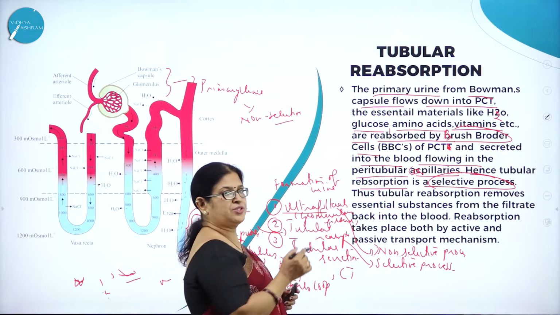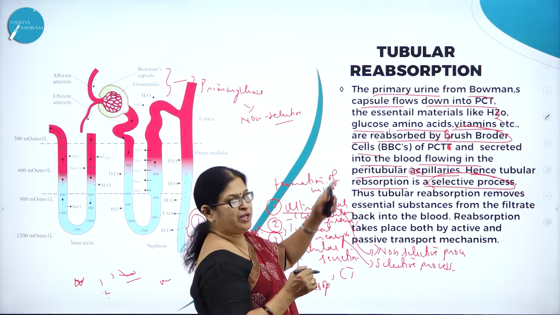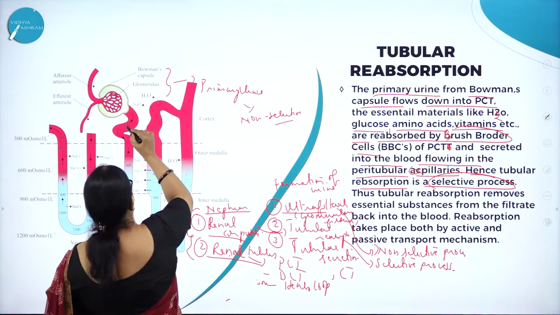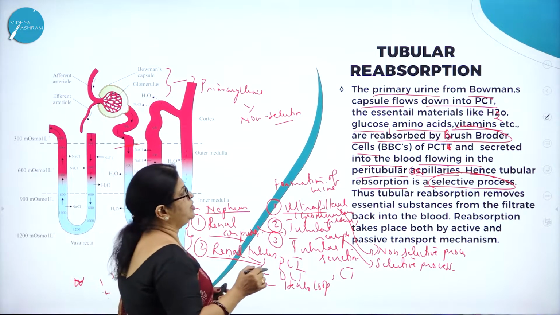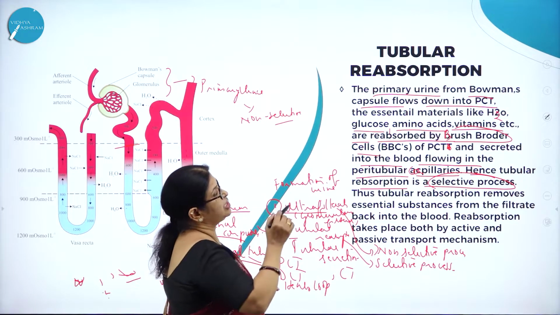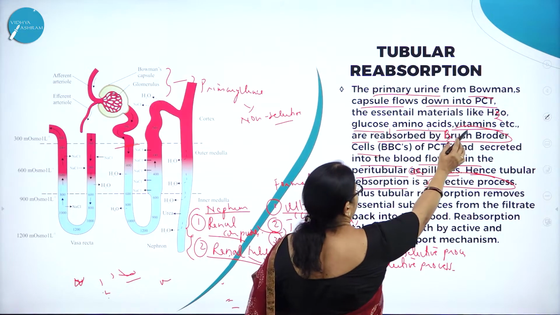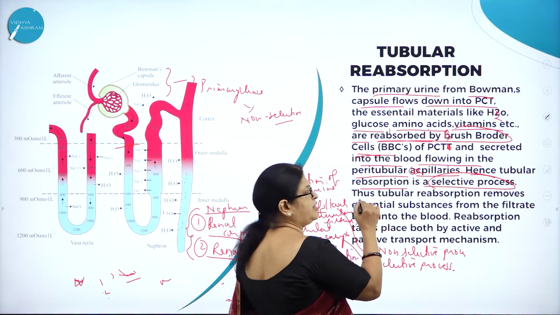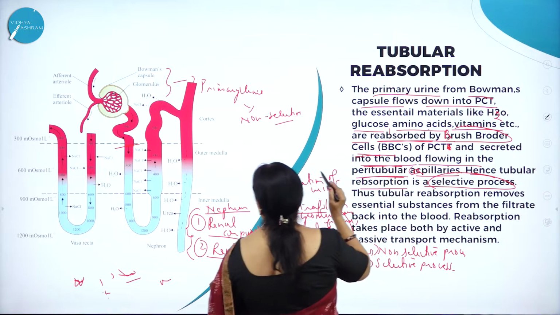So what happens in the tubular part of a nephron? The primary urine from Bowman's capsule flows down the PCT, the proximal convoluted tubule. The essential materials like water, glucose, amino acids, vitamins, etc. are reabsorbed by brush border cells of the PCT and secreted into the blood flowing in the peritubular capillaries.